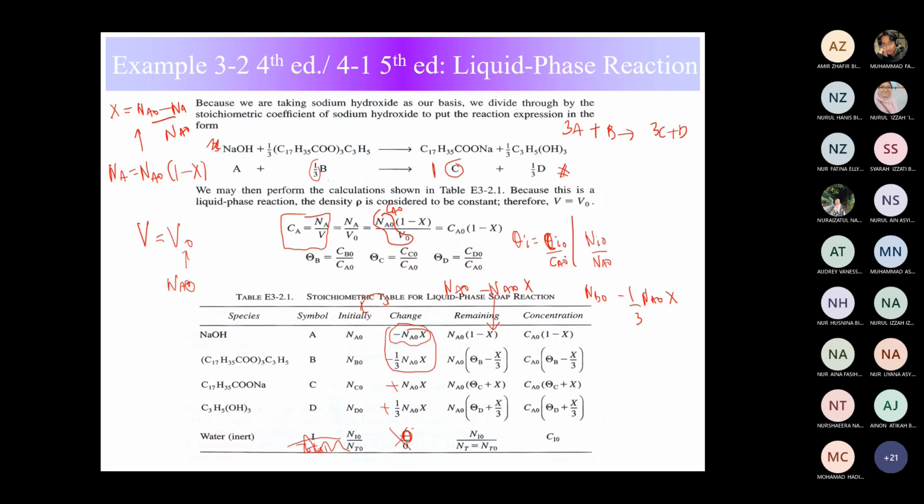Okay, in order for you to convert into theta, alright, you have to divide it by Na0. Okay, sebab kita nak adjustkan ni, dia jadi NB0 over with the Na0. Okay, so here over with the Na0, okay, you masuk angka, so sini akan jadi theta B. Alright, so it become this one lah. Nah, yang you ubah ni lah. Okay, alright. Okay, so this one theta C plus X and theta D plus X/3.